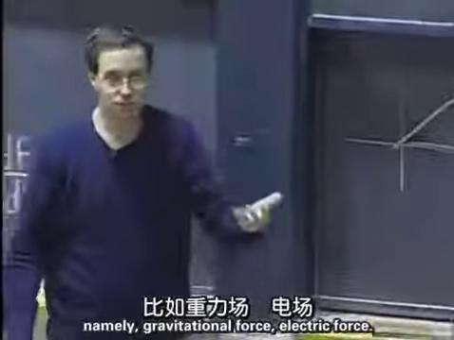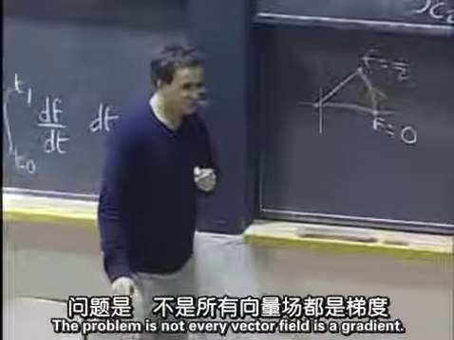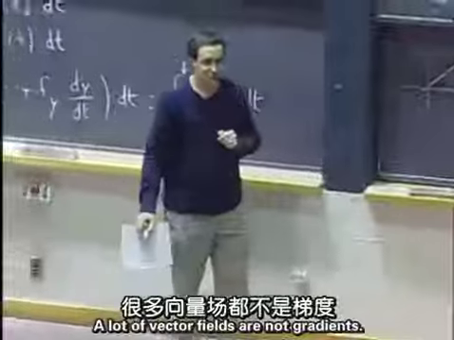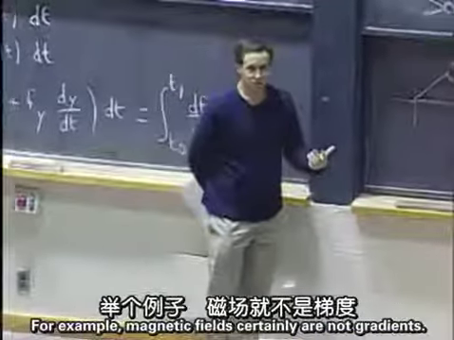I mean, namely gravitational force, electric force. The problem is not every vector field is a gradient. A lot of vector fields are not gradients. For example, magnetic fields certainly are not gradients.